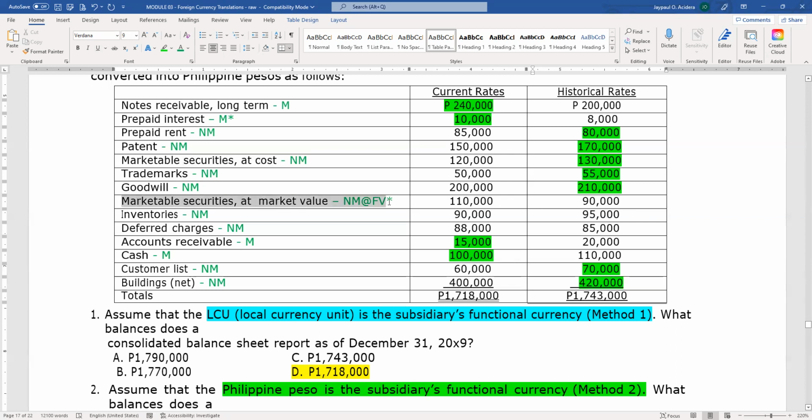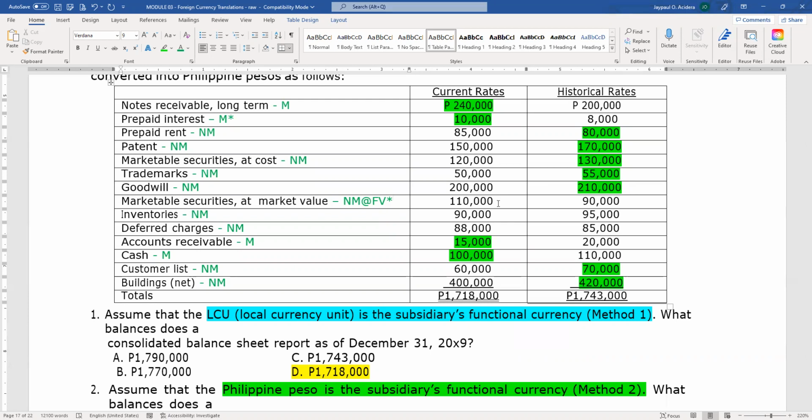Okay, so ito na. Marketable securities at market value. So sabi dun sa instruction, di ba, it should be historical rate on the fair value determination date. Okay? So anong gagamitin natin? Kailan ba tayo nag-measure ng fair value?